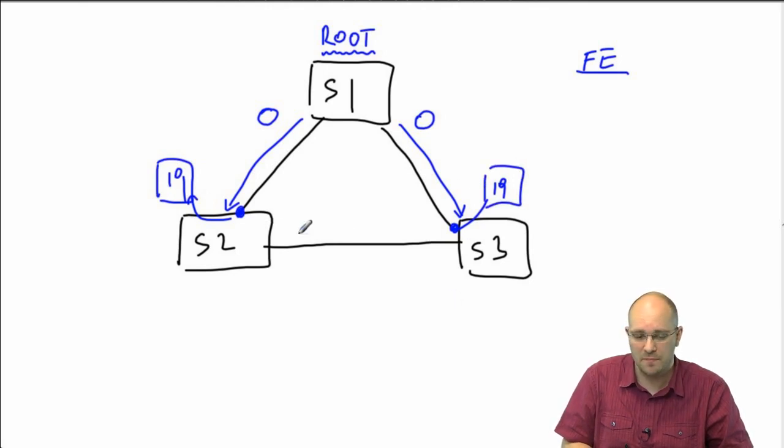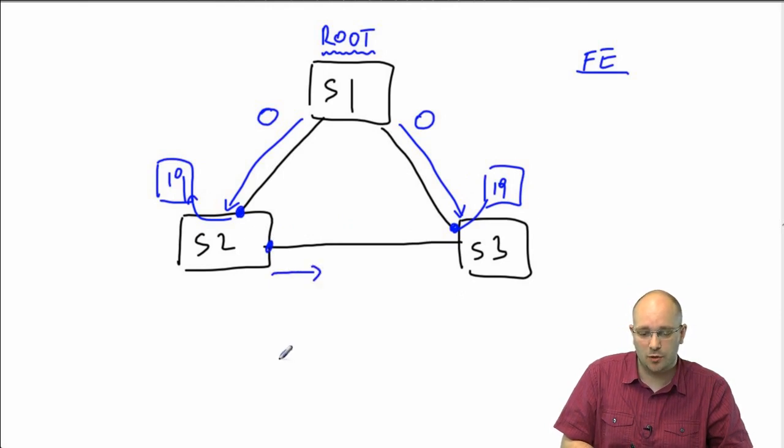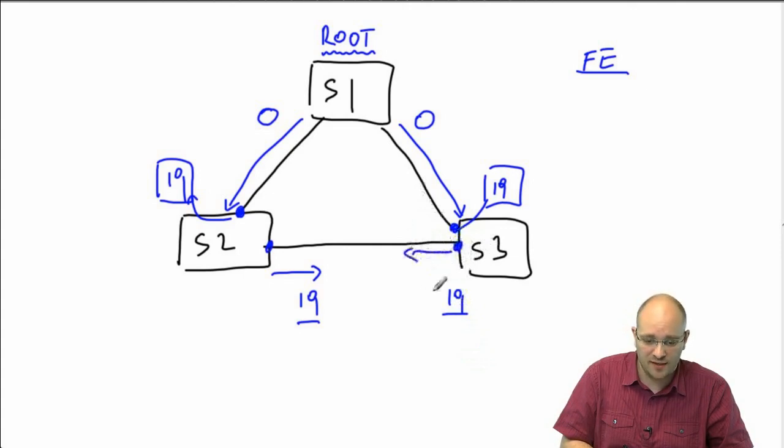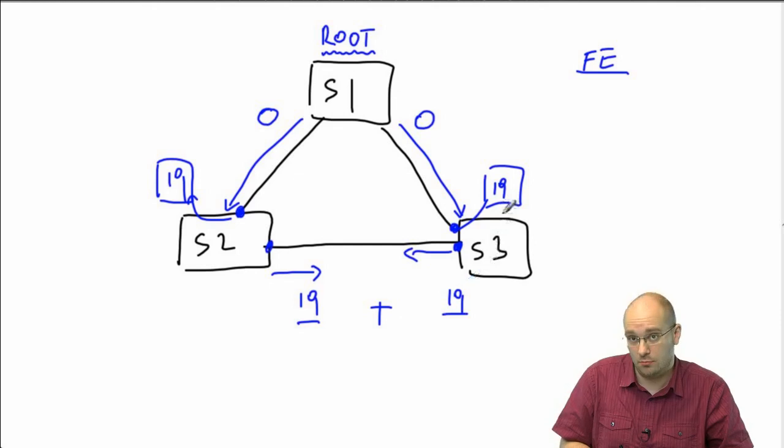But then when switch 2 sends the frames out towards switch 3, the advertised cost here is going to be switch 2's cost, which is 19. When this frame arrives at switch 3, where we have cost 19 as well, the cost to reach the root from switch 3 out of this interface will be 19 plus 19, which is, as you are guessing, higher than 19.